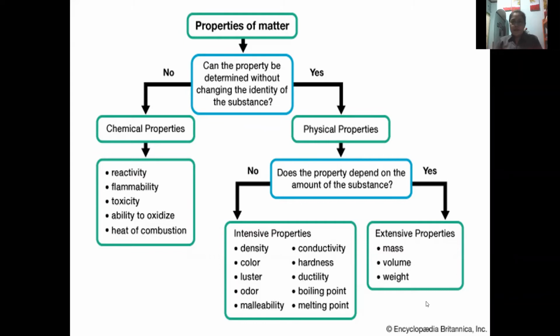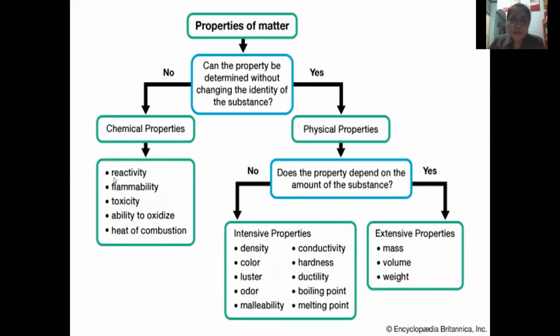So, ito yung properties ng matter natin. Let's summarize. Can the property be determined without changing the identity of the substance? Pag hindi mo madedetermine ang property nang hindi i-change ang identity or property ng substance natin, it's called chemical properties.